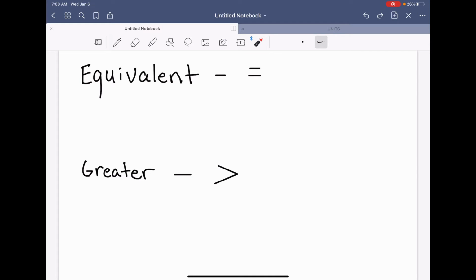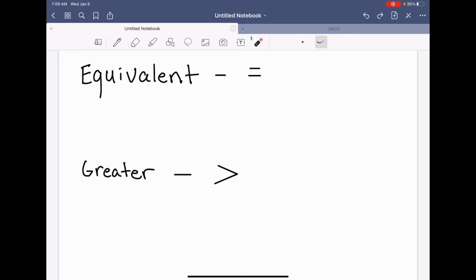The next word we have is greater. Greater means that it's more than, bigger than. They both mean the same.